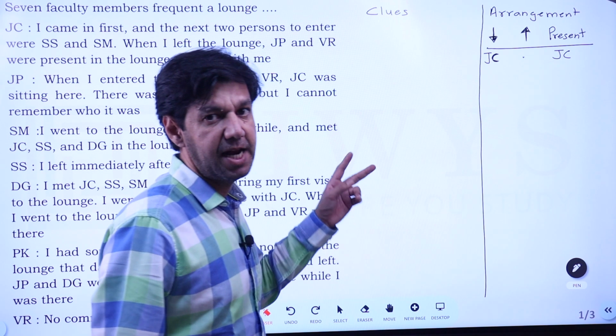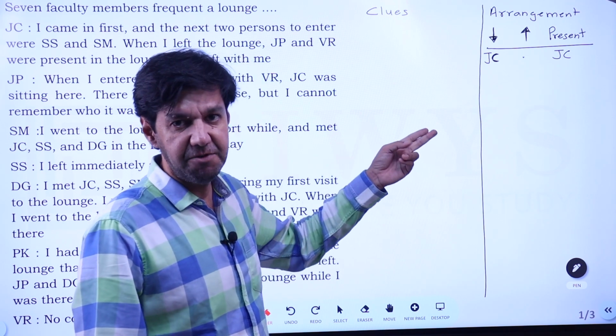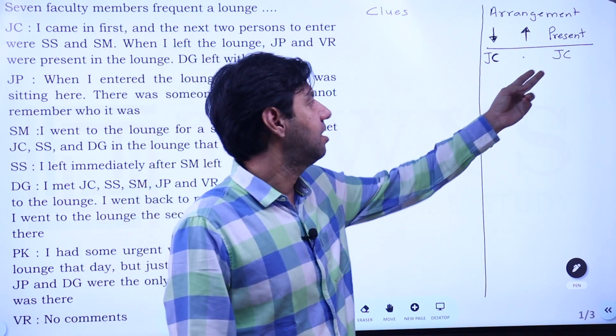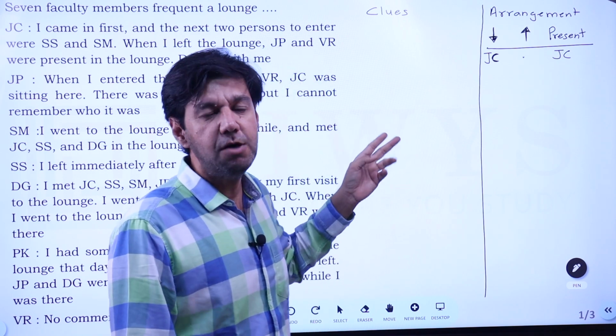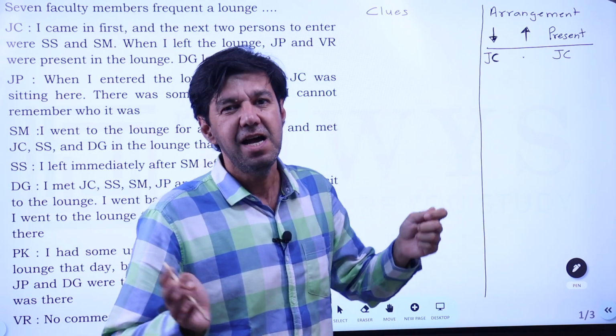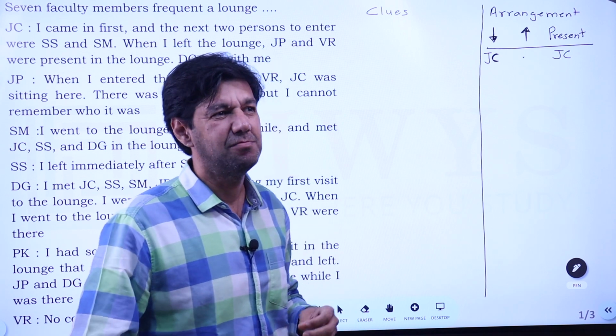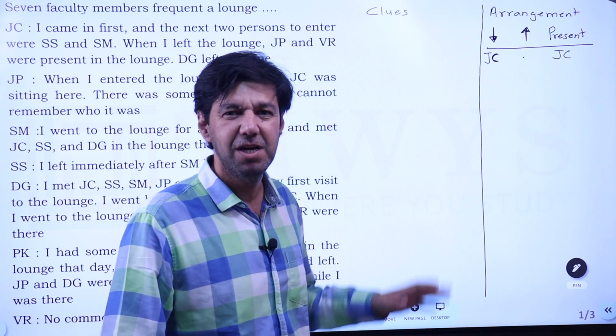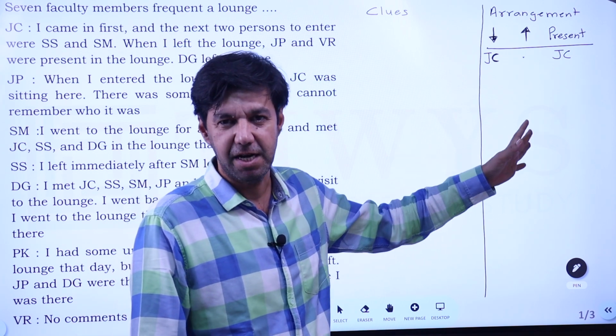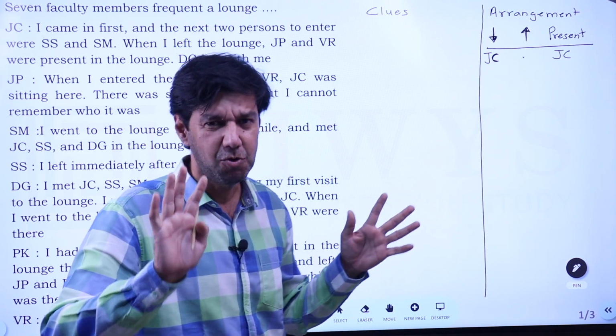Now, 2 things can happen after this. There can be an exit event. If there's an exit event, the person to exit is JC. Now JC comes in, JC leaves. Yeah, it seems to be a frivolous case, so I'm not going to consider it right now. It can be a possibility, but more about it later.